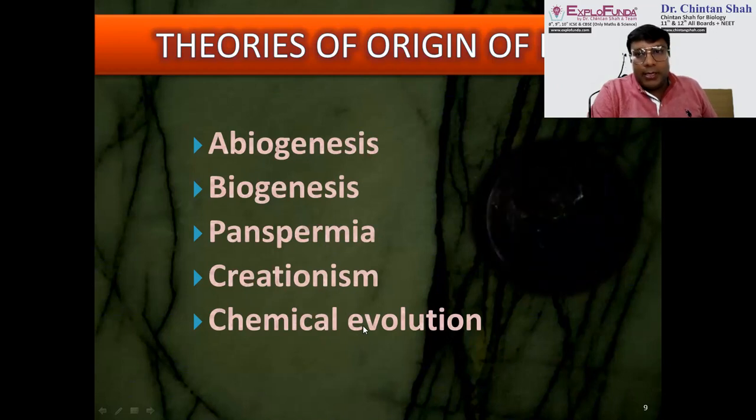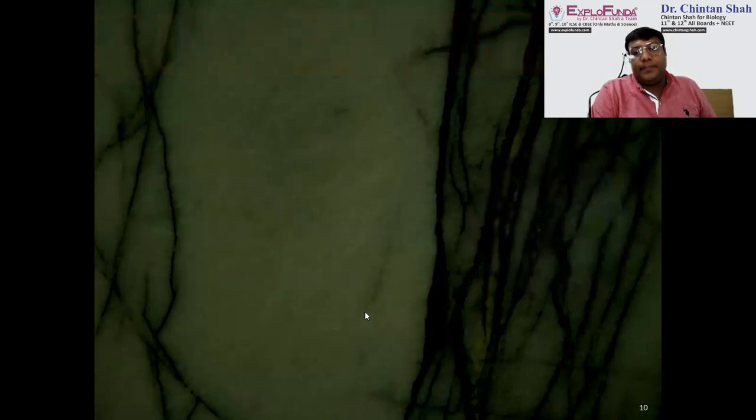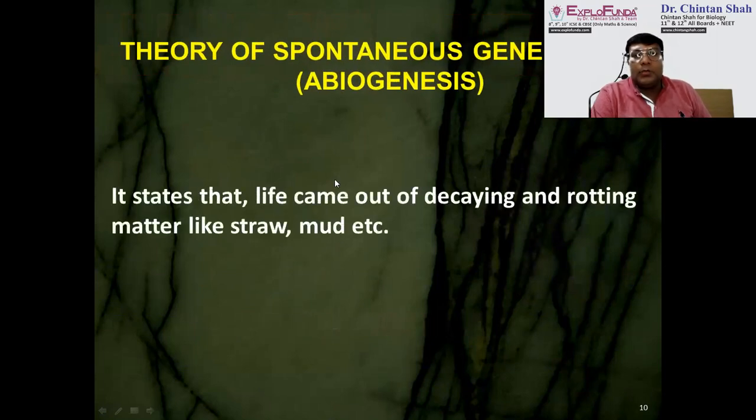All these theories are very amazing. So, the theory of spontaneous genesis: all of a sudden, from a non-living organism, a living organism gave rise. It states that life came out of decaying and rotting matter like straw and mud. So from the mud only we are arising. And how can you give a proof?